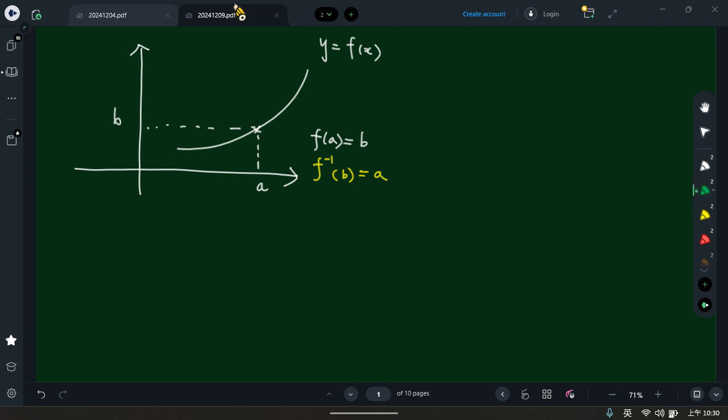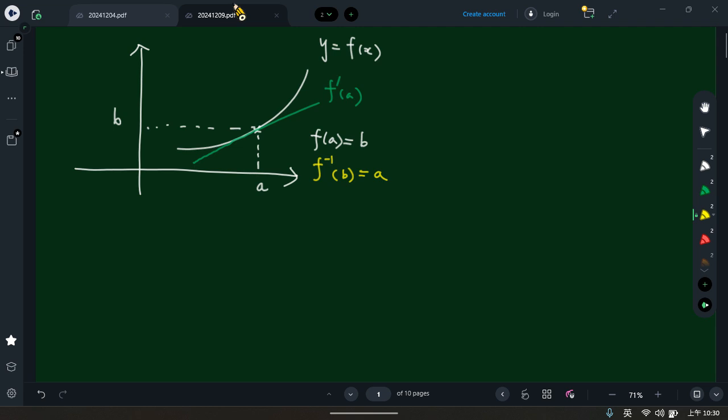Then if the original function f is differentiable at s is equal to a, we can say f prime a exists. That also means f is differentiable when s is equal to a, right? So right now we are just thinking about that.